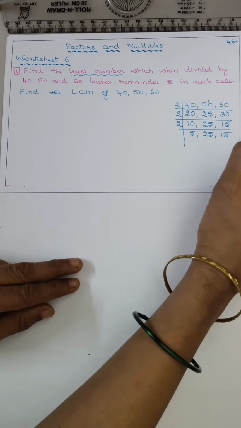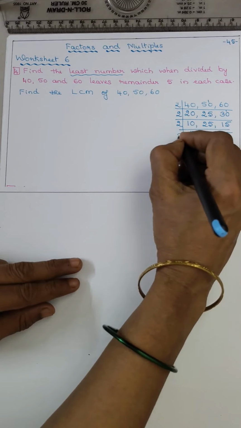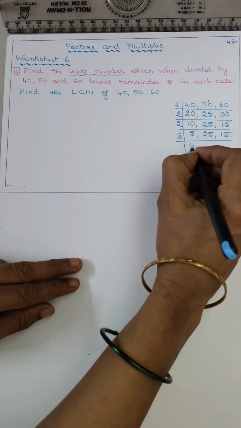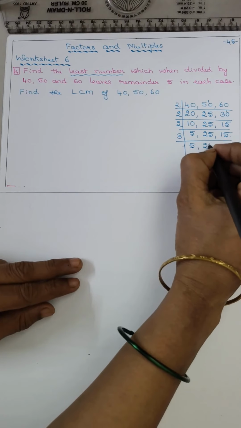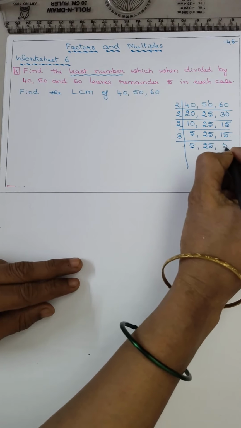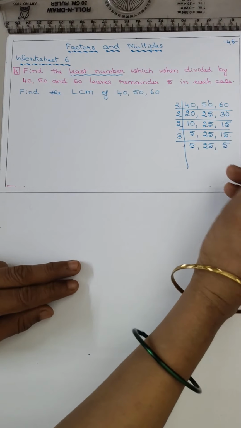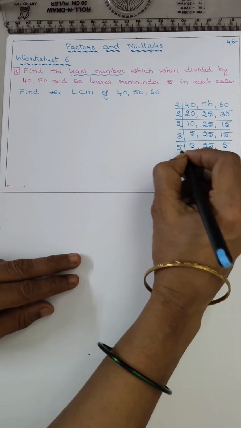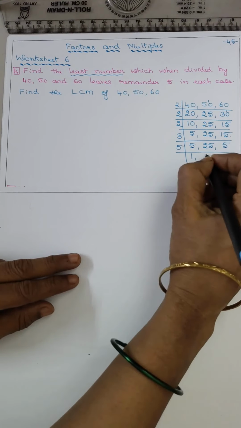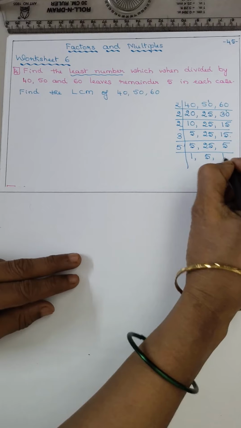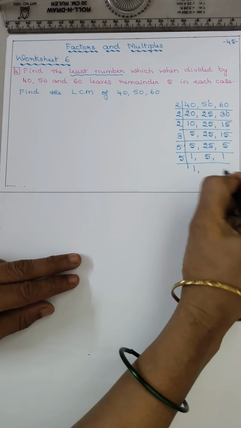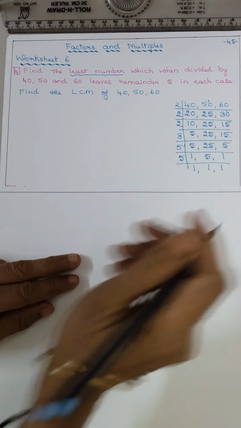Now not divisible by 2, so try with 3 because 15 is there. 5 as it is, 25 as it is, 5s are 15. Now not possible with the 3, so 5. 5 1s are 5, 5s are 25, 1s are 5. 5, 1 as it is, 1s are 5, 1 as it is.